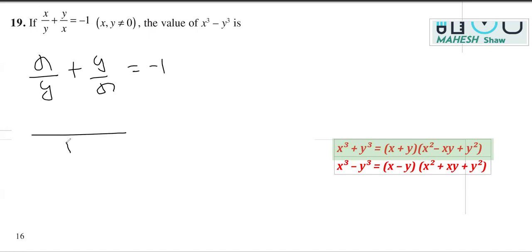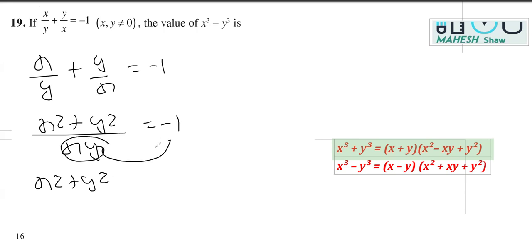For simplification, we can take the LCM. So this is xy divided by y is x, and x multiplied by x is x square, and so is y square, equal to -1. Further, if I transpose this xy to the other side, it will be multiplied with -1, and we'll get minus xy.